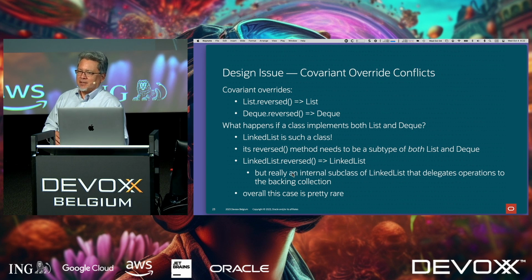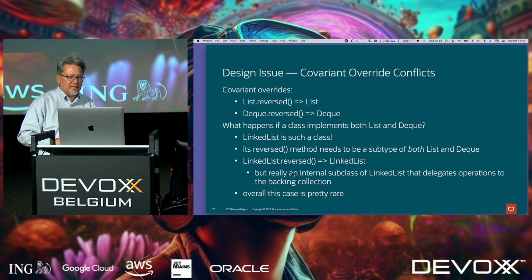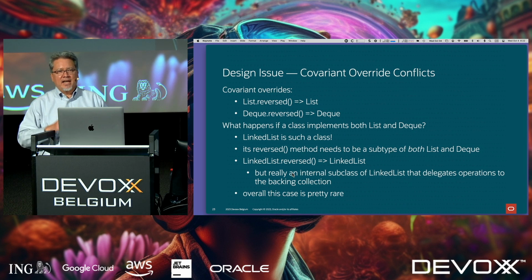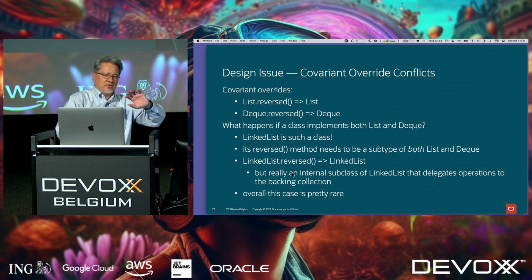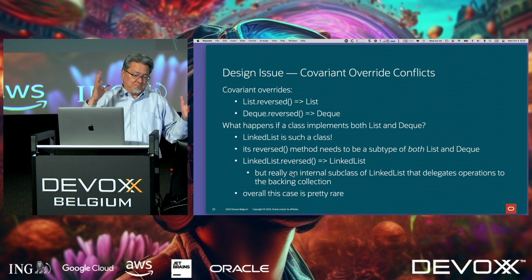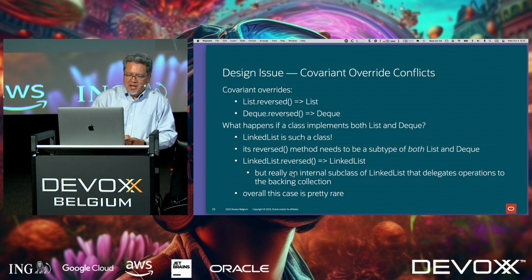The thing closest at hand that implements both List and Deque is LinkedList itself. So LinkedList.reversed returns a LinkedList, and that actually works. But it doesn't return the same LinkedList. It actually returns an internal subclass, which is a view that delegates everything to its backing list, but it's actually a subclass of LinkedList. So hey, it works, and nobody should be using LinkedList anyway, so you shouldn't bother with it.